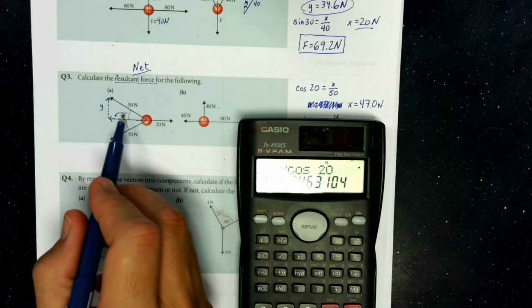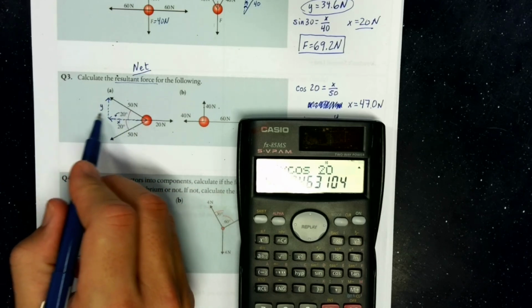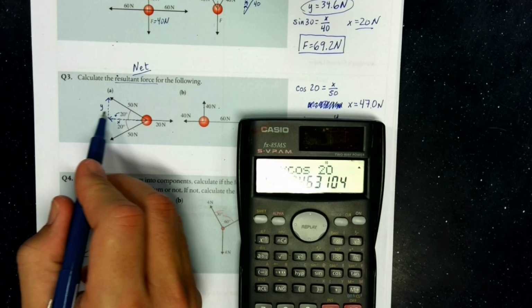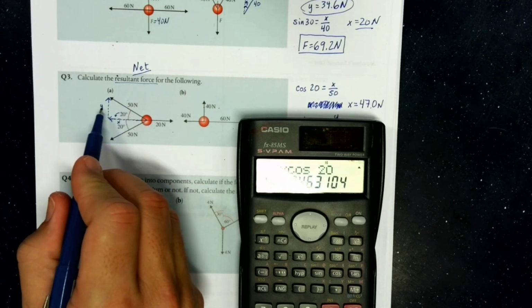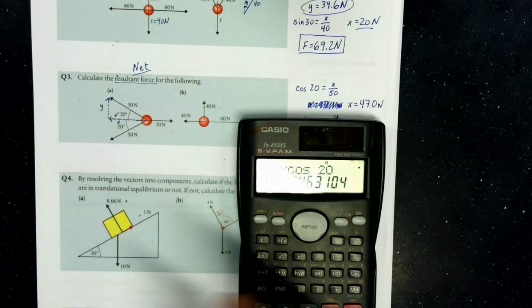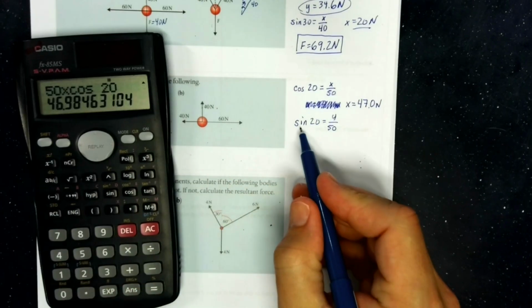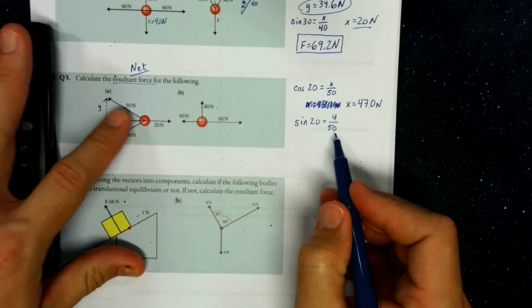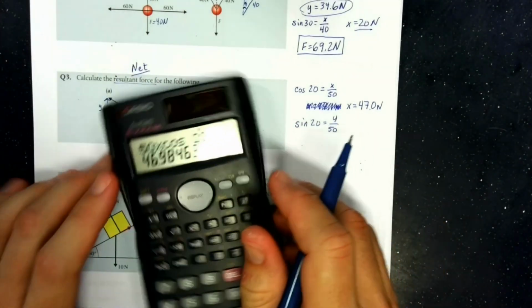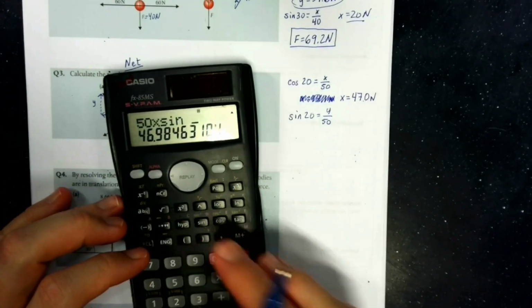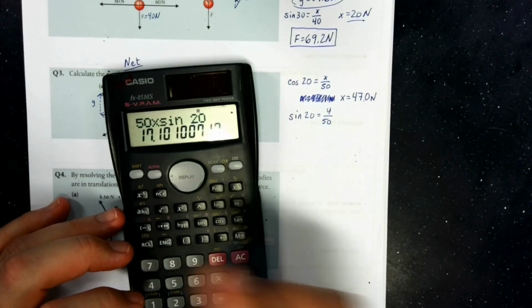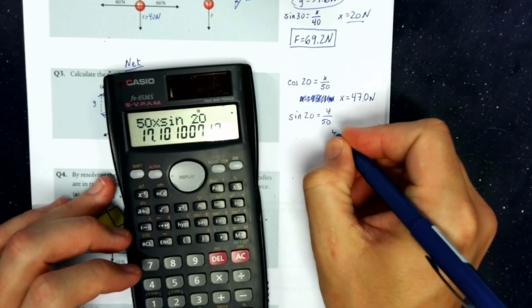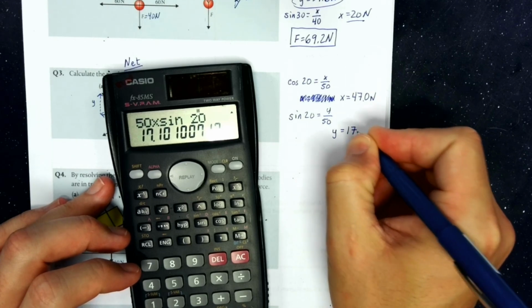Now in this situation, I'm going to find y, the vertical component. That's going to be the opposite over the hypotenuse, which many of you already know is sine. So sine of 20 equals the opposite over the hypotenuse, so that's 50 times sine of 20, which gives me y equal to 17.1.